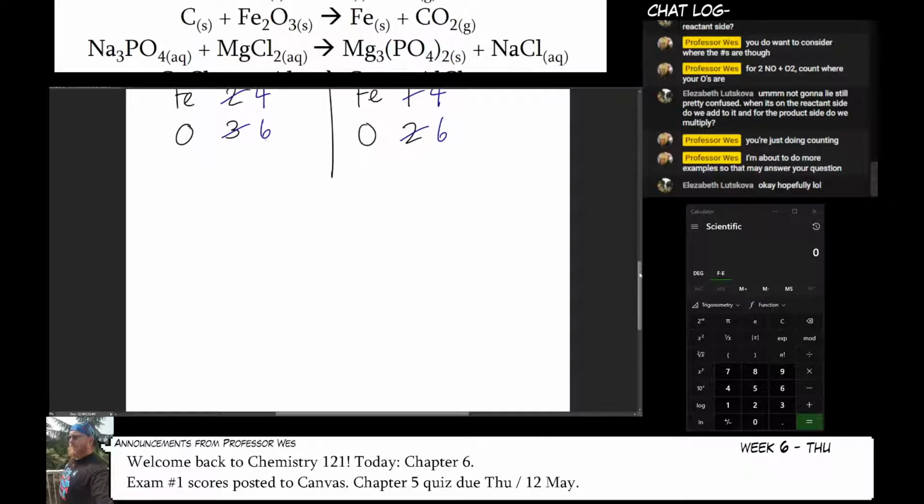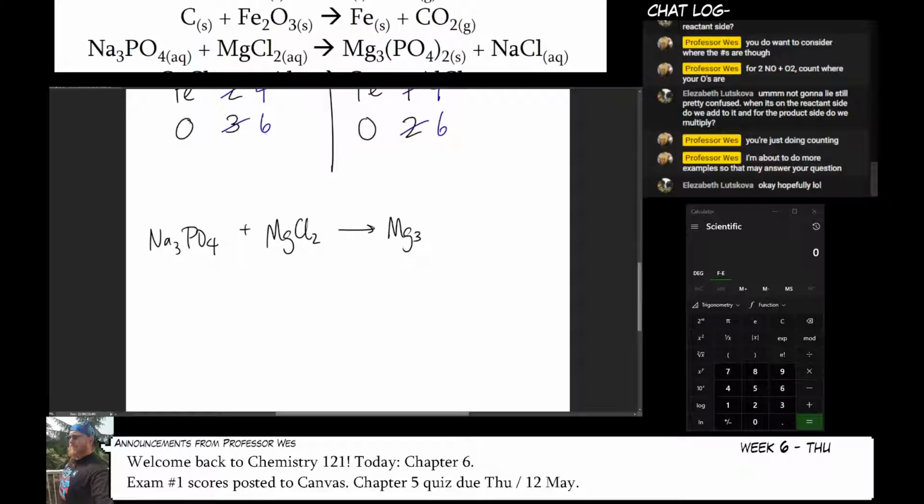All right, so the next one, we got sodium phosphate plus magnesium chloride makes magnesium phosphate plus sodium chloride.